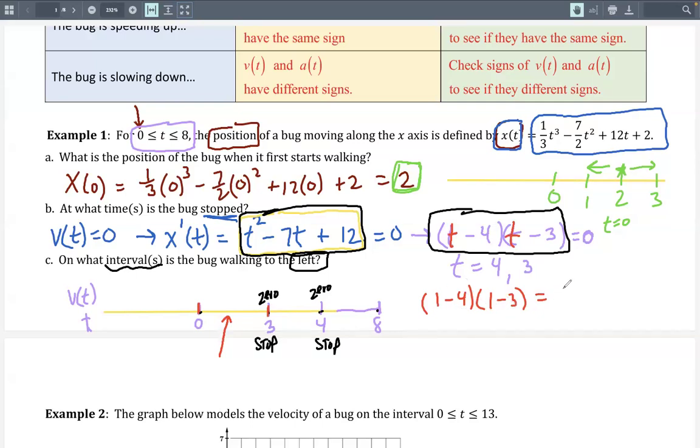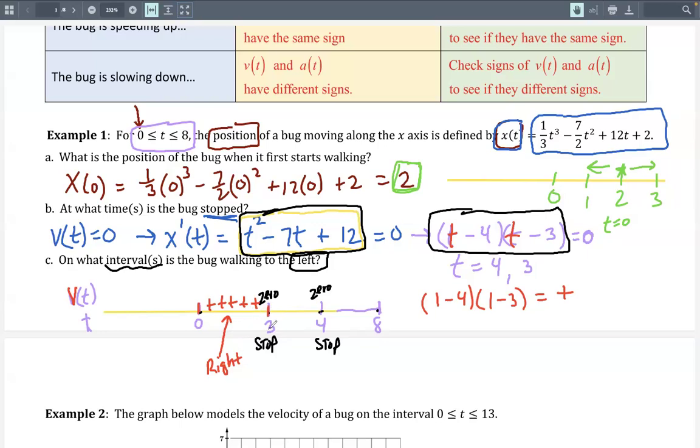Negative times negative is positive. So if I plug in any number between 0 and 3, I get a positive outcome. And a positive velocity, right? Because we're talking about velocity. Positive velocity means that the bug is moving to the right by definition. Okay, so the bug is moving to the right.